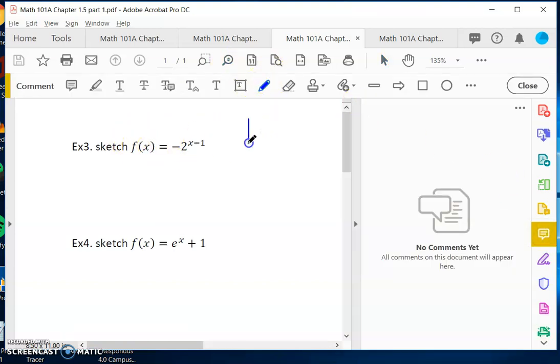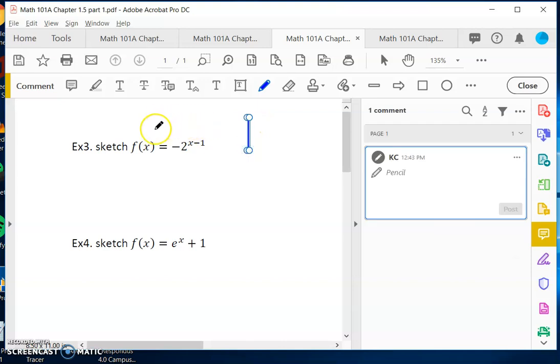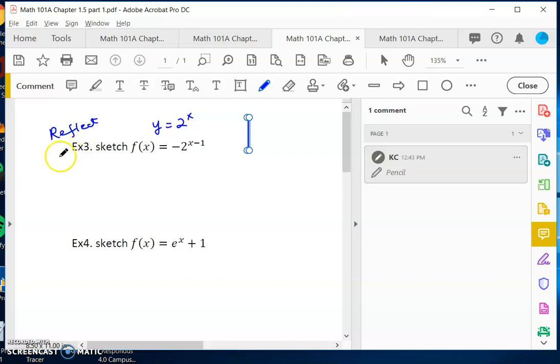Okay, so our parent function is y equals 2 to the x, right? But this is negative 2 to the x minus 1. So the transformation is a reflection and also a shift to the right, right? You have x minus 1.